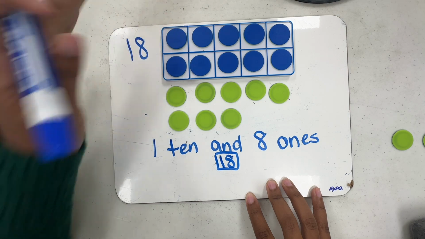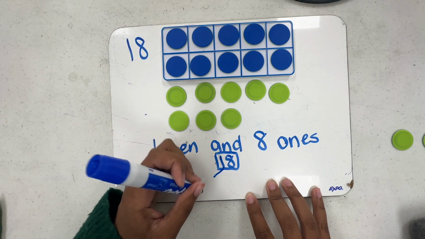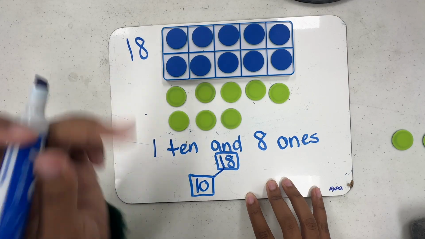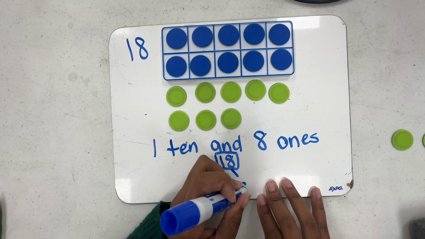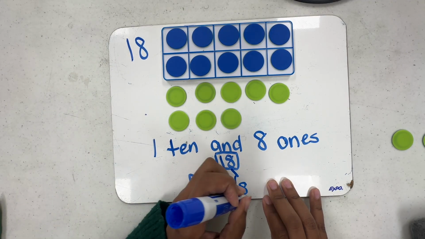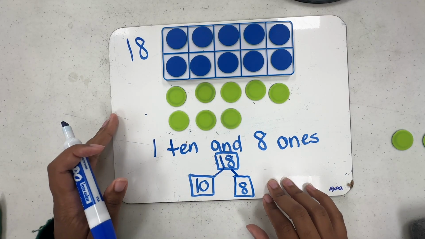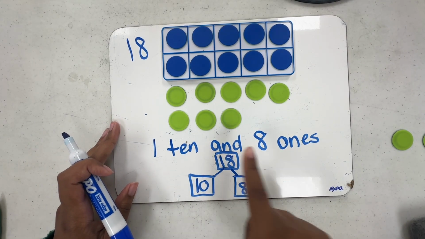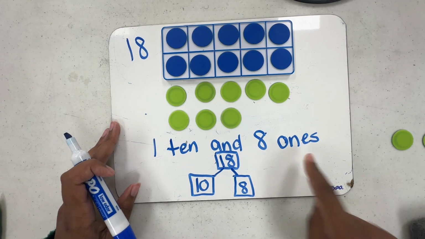I have a group of 10. And then I have my 8 1s. So again, the number 18 is made up of 1 10 and 8 1s.